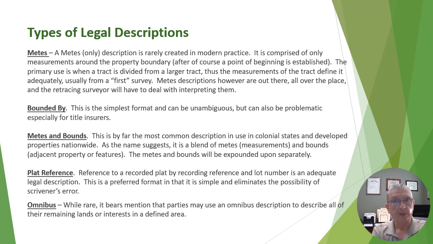In actual application, if you're retracing a bounds description, the recorded or vesting title description for those adjacent properties are what control your boundaries, because that's what's essentially called for.